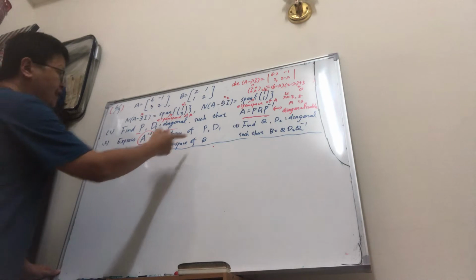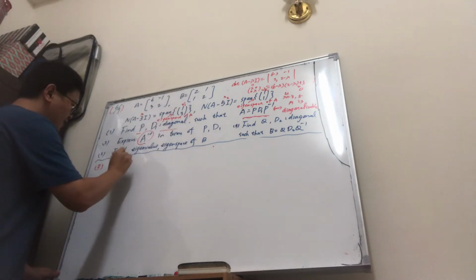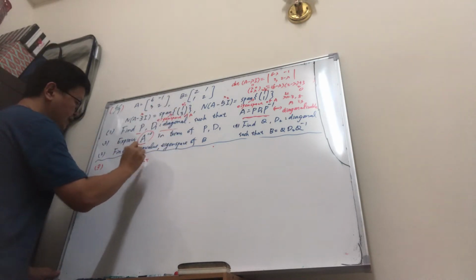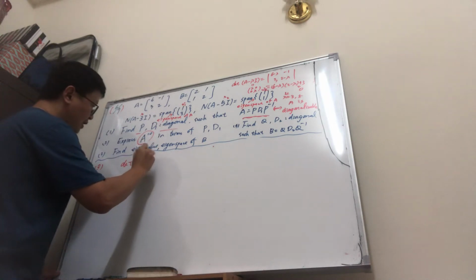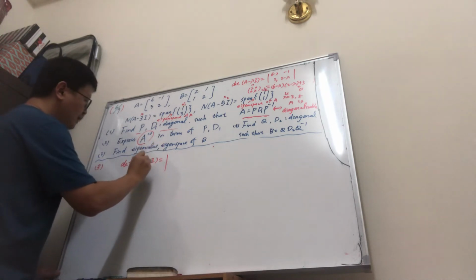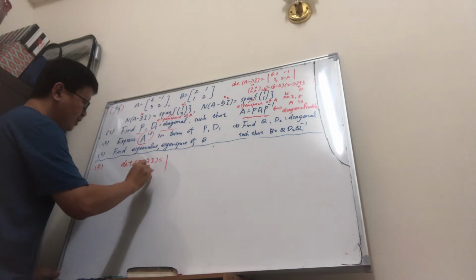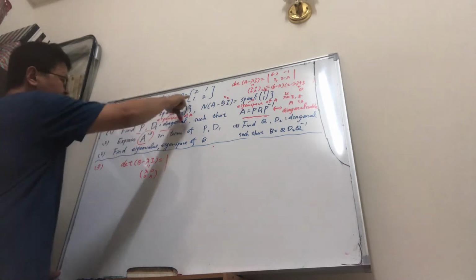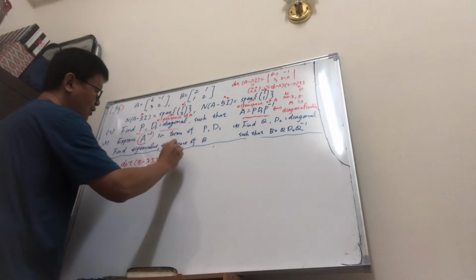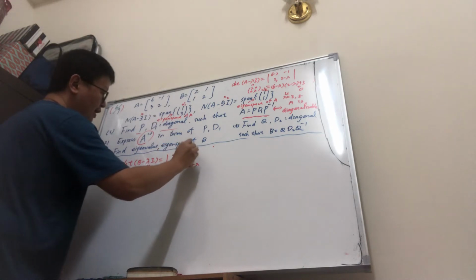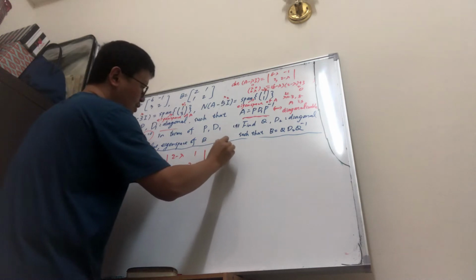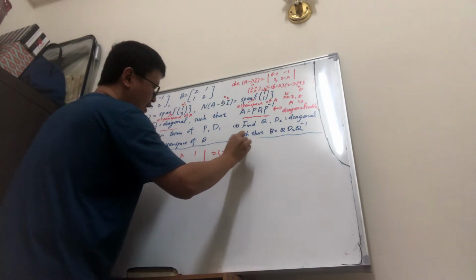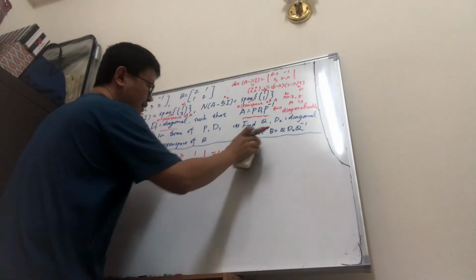For the eigenvalues and eigenspaces of B, first of all you should consider the determinant of B minus lambda I. Lambda I is the matrix with lambda, 0, 0, lambda. So B minus lambda I is 2 minus lambda, 1, 1, 2 minus lambda. Its determinant is (2 minus lambda)(2 minus lambda) minus 1 times 1.